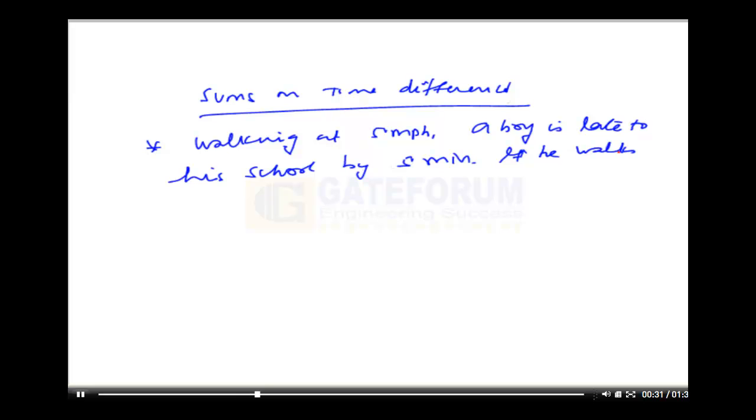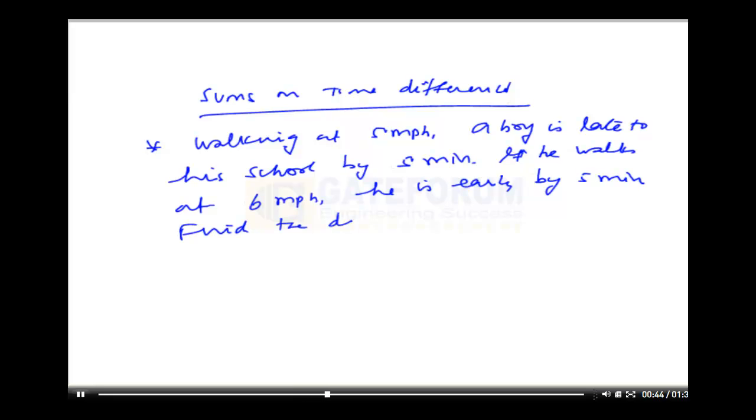If he walks at 6 miles per hour, he is early by 5 minutes. Find the distance.